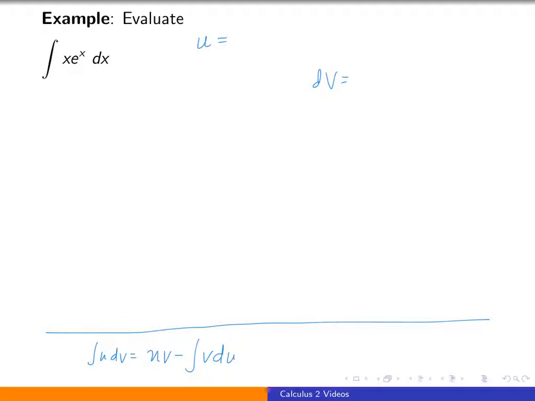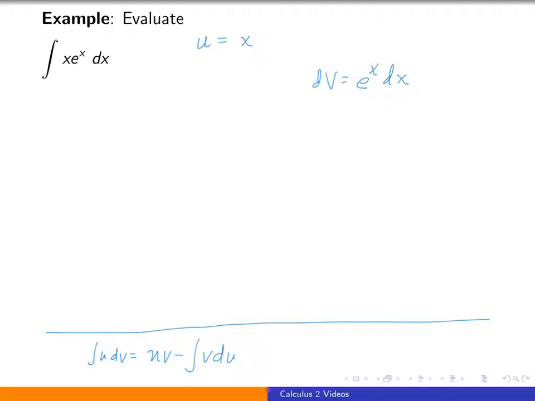And what we need to do is choose dv to be something we can anti-differentiate, and ideally we want to choose our u in such a way that du becomes simpler. If we look at our choices, x and e to the x, only one of those things really becomes simpler when we differentiate, the x. e to the x just remains the same. So if we let u be x, that means dv needs to be e to the x dx.